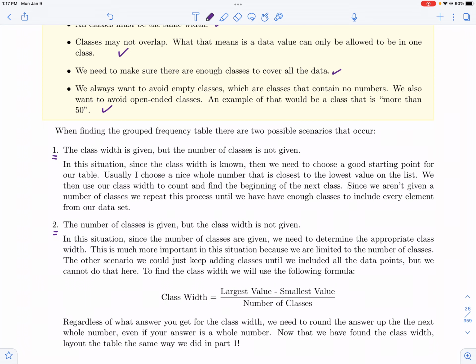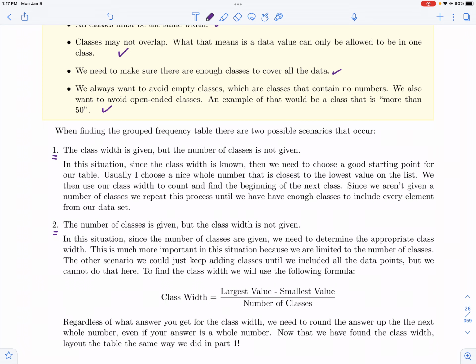If the class width is known, that makes everything easy. We know where to start, and we just choose a number of classes that makes sure all the data is there. You use the class width to keep building classes until all the data points are taken care of. That one's a pretty straightforward method.